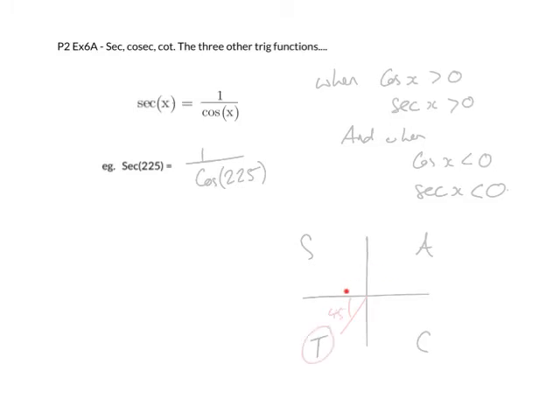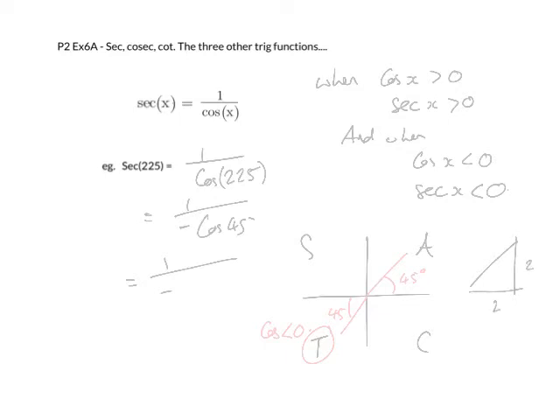So if we look at 225, it brings us right round to this line here. Cos is negative, so we know sec will be a negative number. And we go up and look at the positive version of cos using the second solution. And it'll be cos 45, which will appear. Now if you were asked to evaluate cos 225, you can do that. We're just adding this extra bit on, that you are translating what sec is.